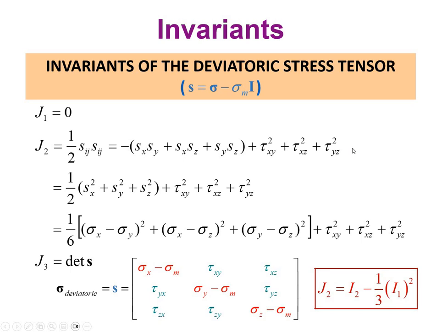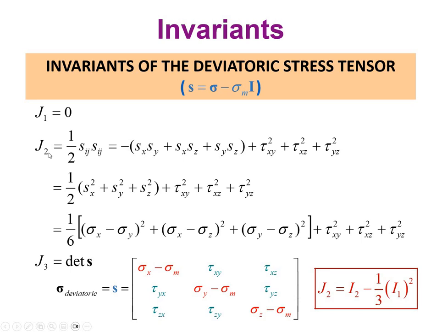Of course, because the deviatoric stress tensor is a tensor, it has its invariants as well, and the particularity is that the first invariant of the deviatoric stress tensor is equal to 0. You can check this by making the summation of the elements in the main diagonal.